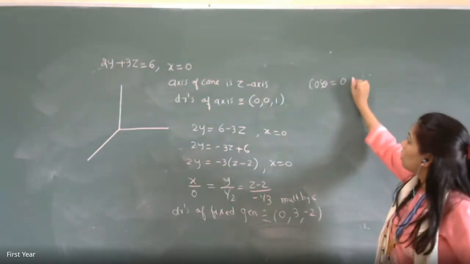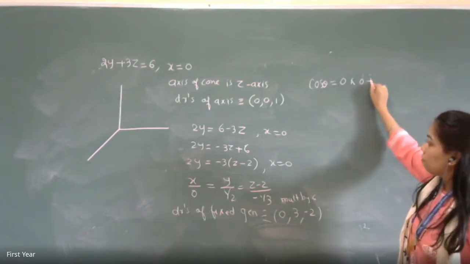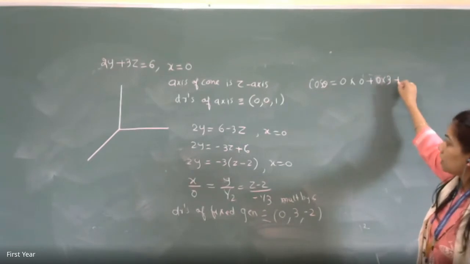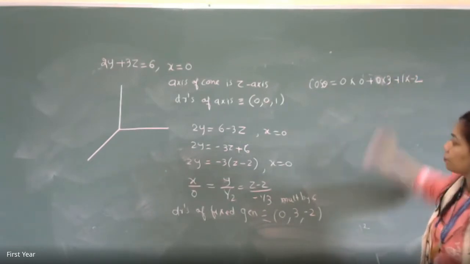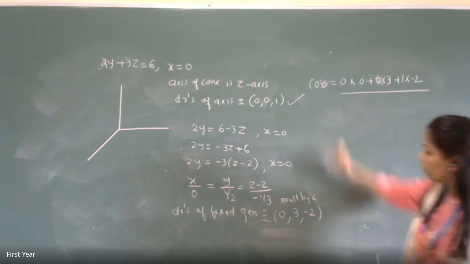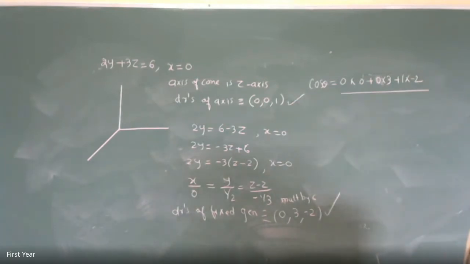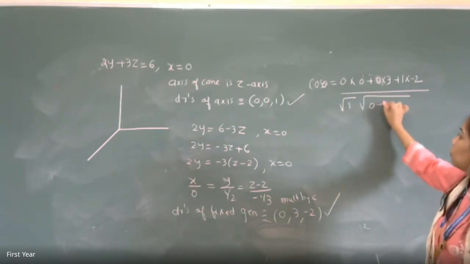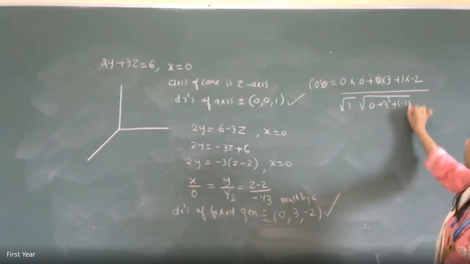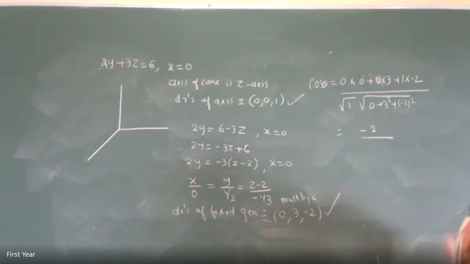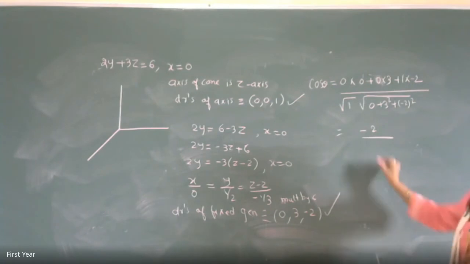So it is 0 into 0 plus 0 into 3 plus 1 into minus 2, divided by the product of the magnitudes of the direction ratios: root of 1 into root of 0 plus 3 squared plus minus 2 squared. So that is nothing but minus 2 upon root of 9 plus 4, which is root 13.